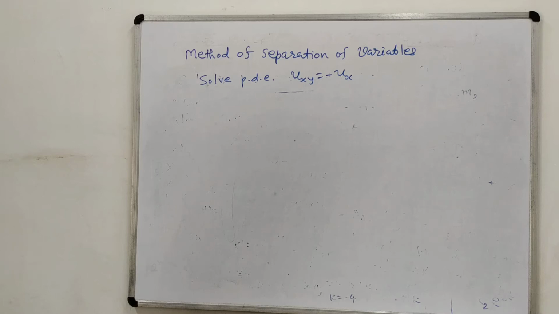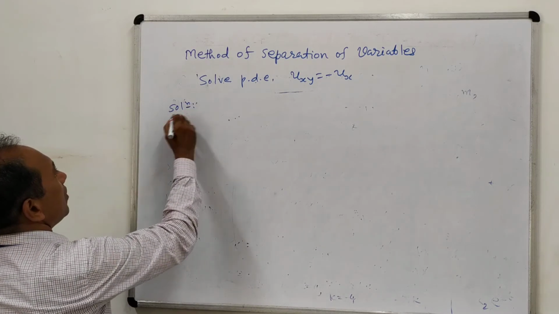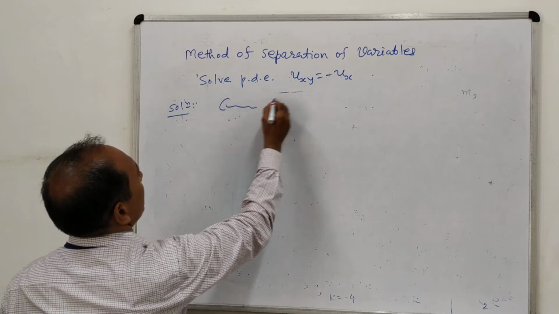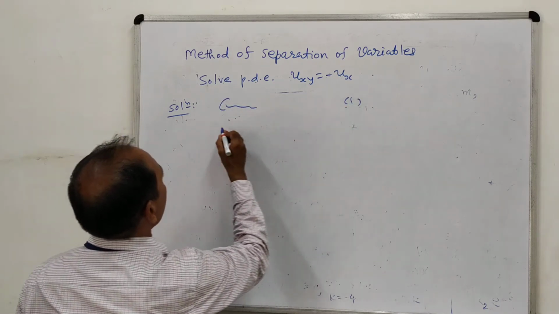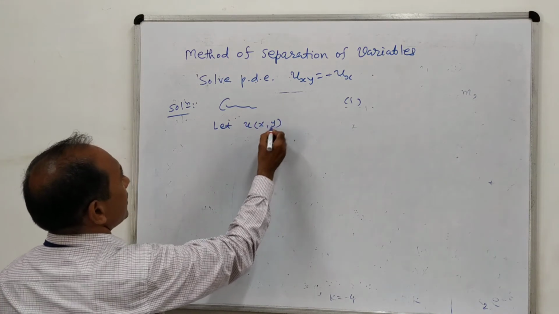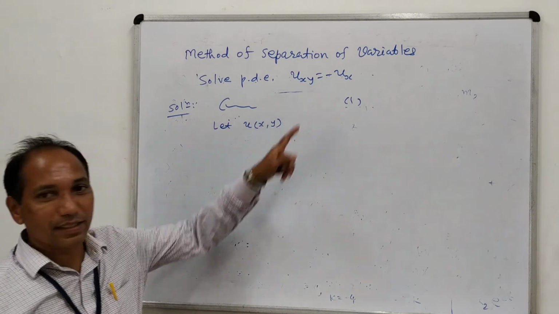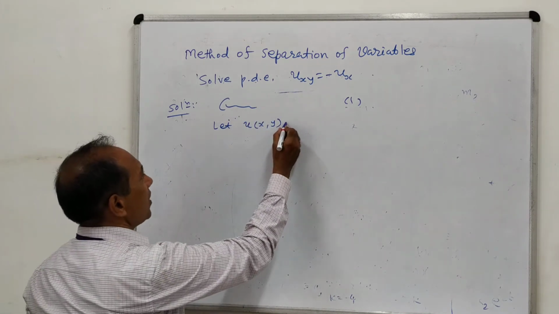So as only equation is given, we can solve it very simply. So solution, first of all you write down that given this equation, give it equation number 1, then assume that let uxy. See here in the last example we assumed ux comma t, but here there are two variables x and y, so it is ux comma y.